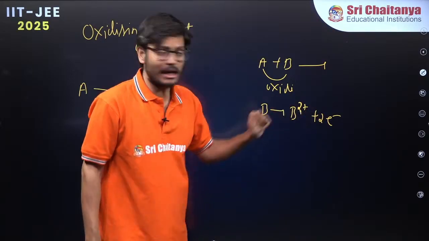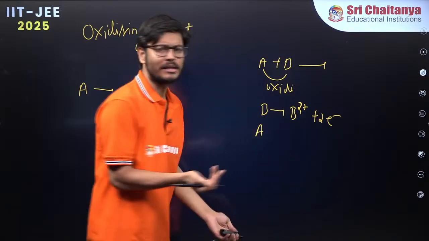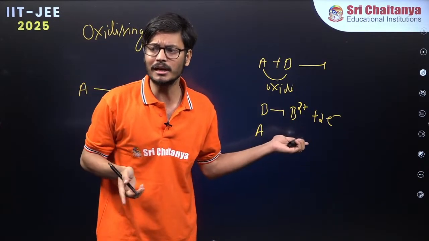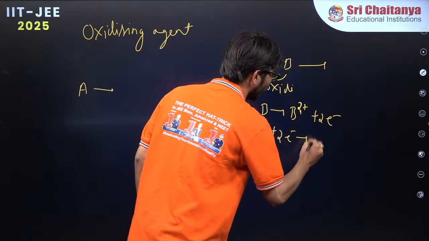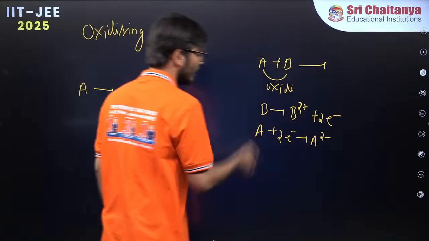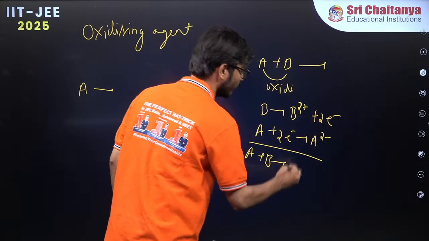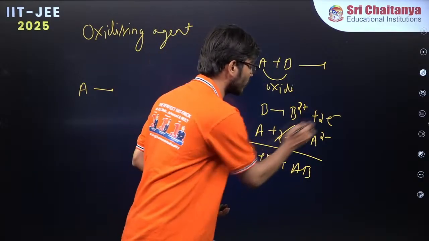Now what will happen to this electron? This electron has to be accepted by A. There is no other way. This electron is not going into the air. Somebody has to accept the electron. So who will accept the electron? A will accept the electron and convert into A 2 minus. Now if you add the equations A plus B, they will form AB because the two electrons will be cancelled out.